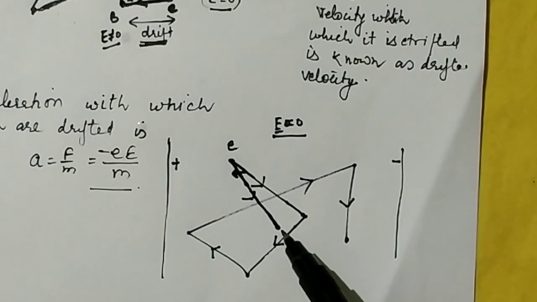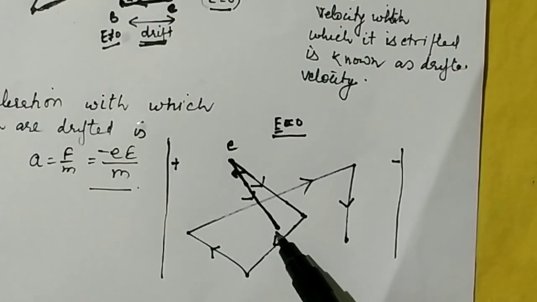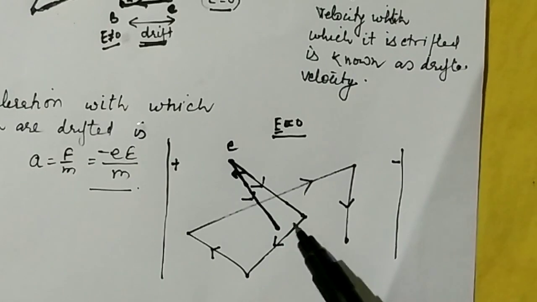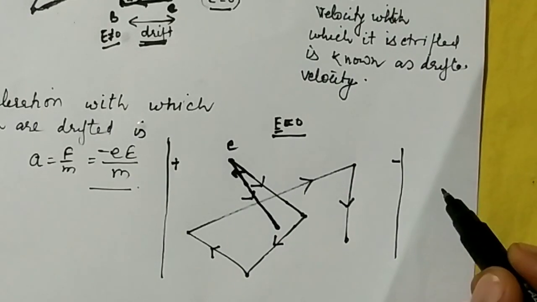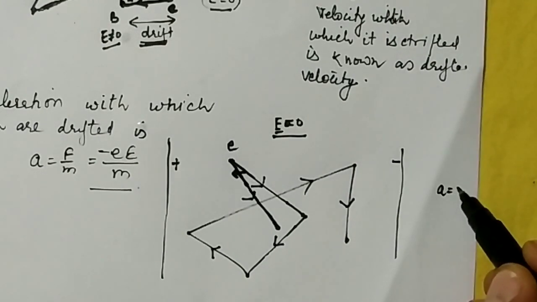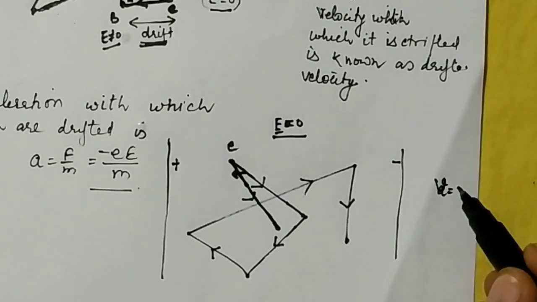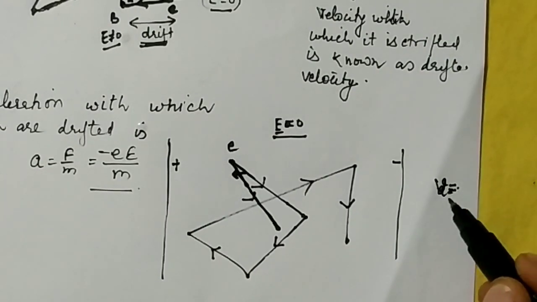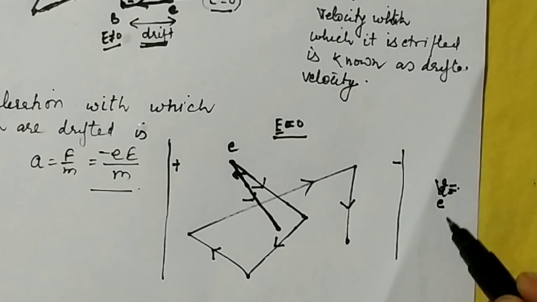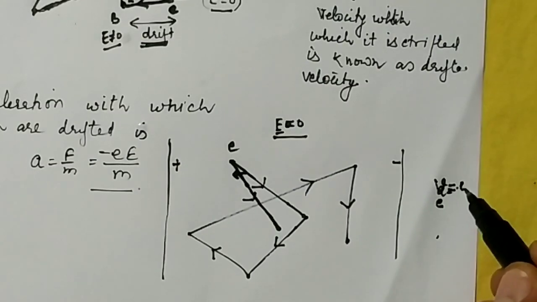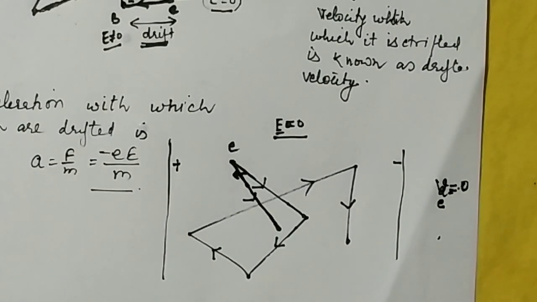Similarly, it collides with another electron, so its path is changed. As it collides with the other electron, it loses all of the velocity gained because of this electric field; that is equal to 0.